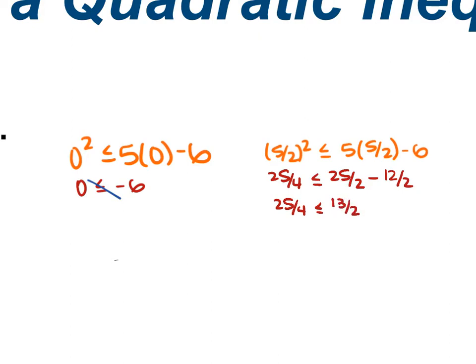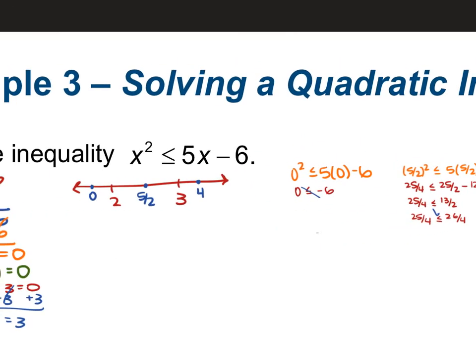I'm going to rewrite this so that 13 over 2 is something over 4, so I can just compare those numerators. So we have 25 over 4 is less than or equal to 26 over 4. 25 is less than 26, so this one is true. My line's going to go over where that 5 over 2 is. So it would be in here.